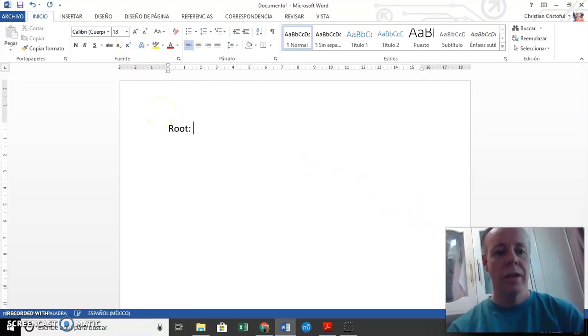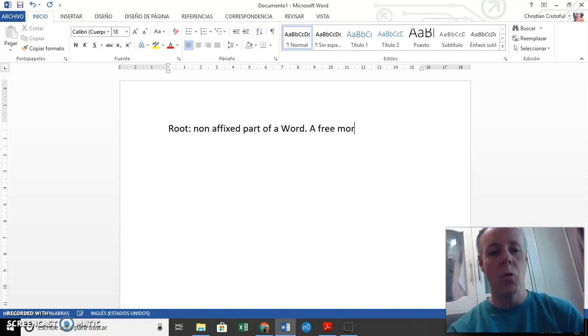Root is the non-affixed part of a word. A free morpheme. This is a root. What does it mean? It means that it's a free morpheme without any bound morphemes attached. That's why it is non-affixed.